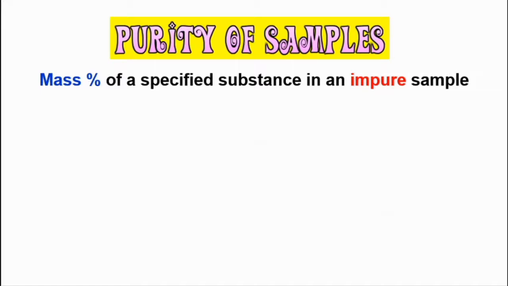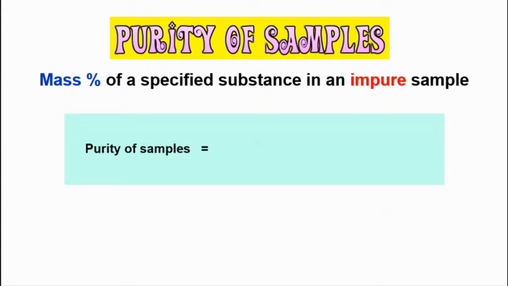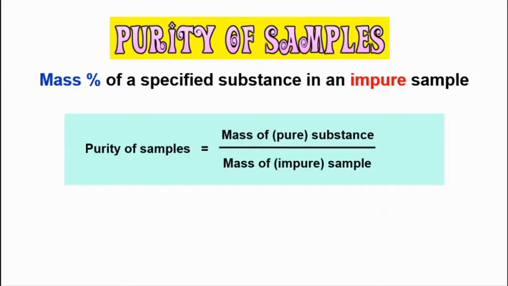To calculate this, we are going to use this formula. Purity of samples is equal to the mass of pure substance divided by the mass of impure sample, or the total mass of the sample, and we multiply by 100. If we use this equation, we can simply calculate the purity of samples.